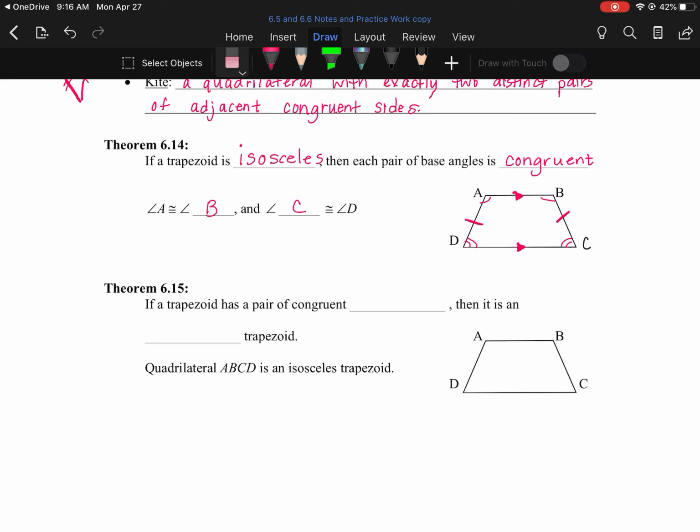I'm going to make those look a little neater. So that's our isosceles trapezoid. We showed that the top and bottom were the bases, so those two are parallel. If it's isosceles, A to D and B to C, those sides are congruent. Then we know that angle A is congruent to angle B, and angle C is congruent to angle D.